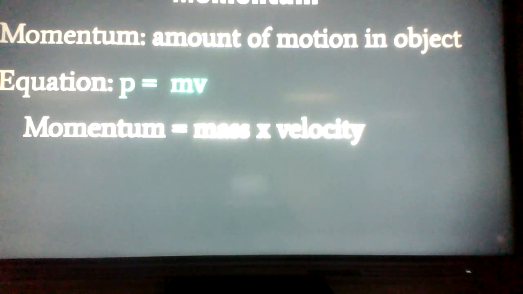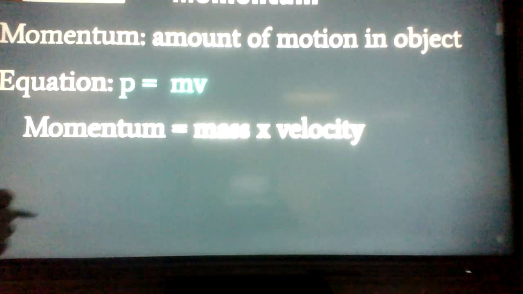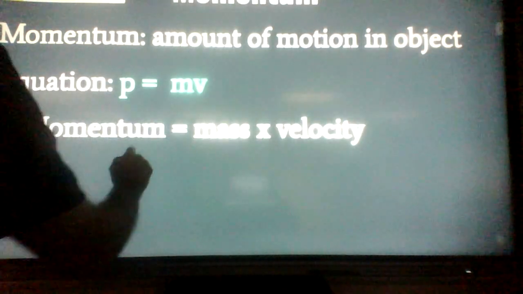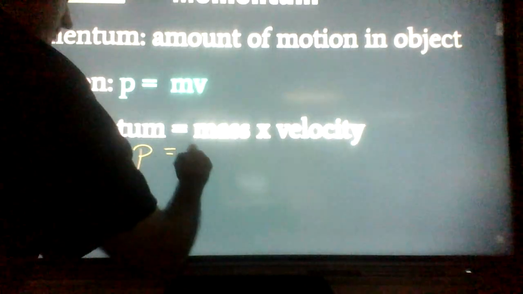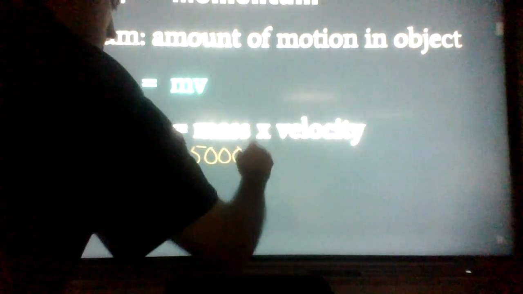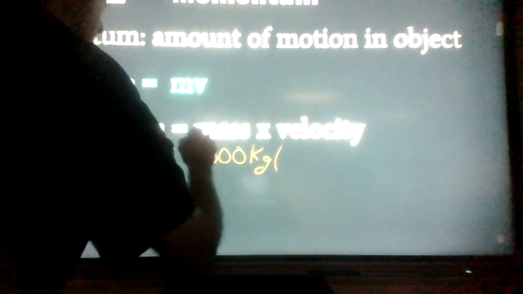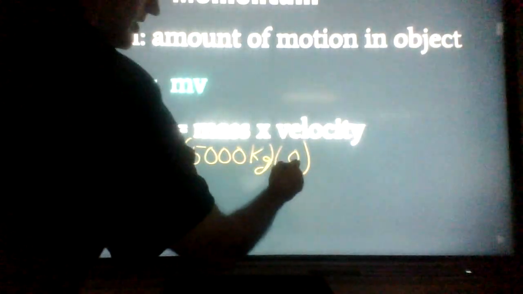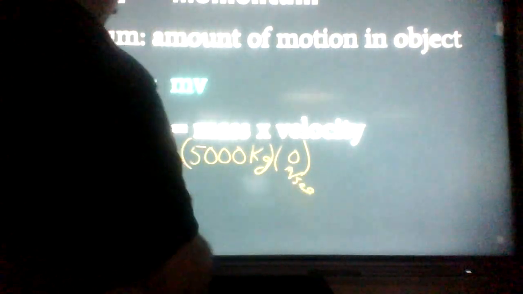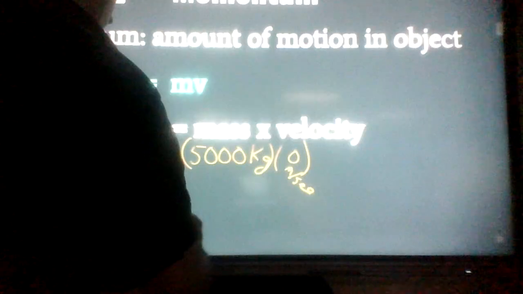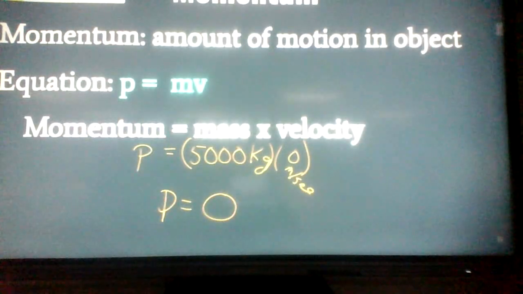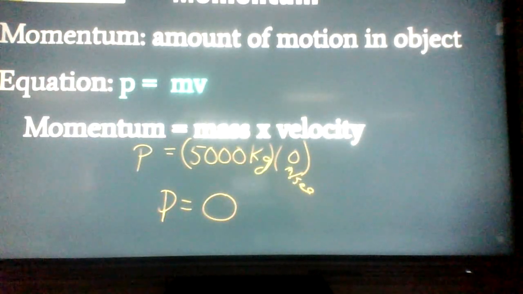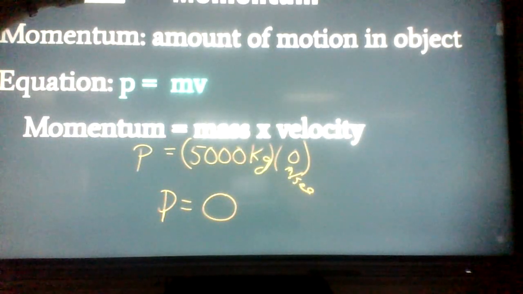So it doesn't matter how much mass the object contains. Let's even say 5,000 kilograms. If the object isn't moving, then we're multiplying by 0 meters per second. Well, we know that anything times 0 is 0, and I'll tell you the unit that we use for momentum in just a bit. Make sense?